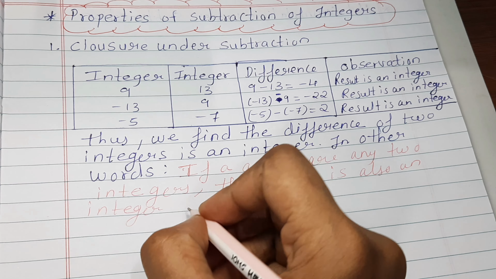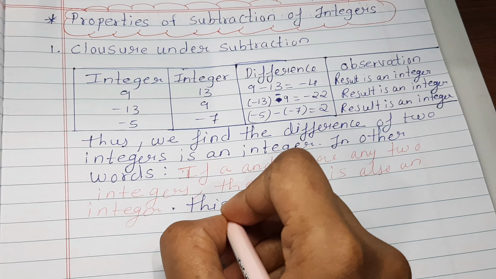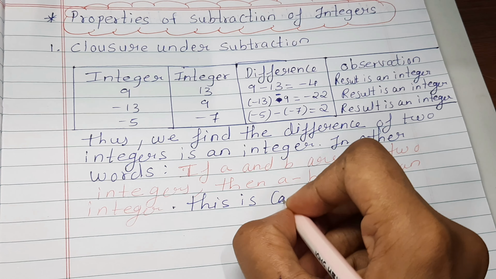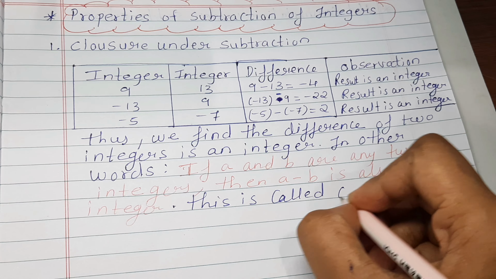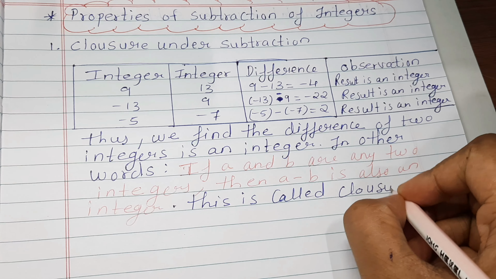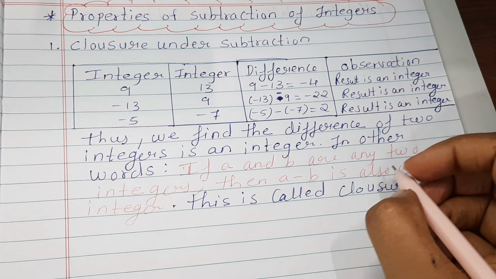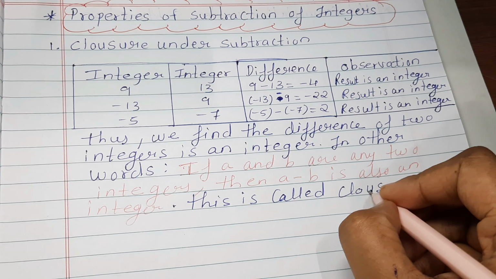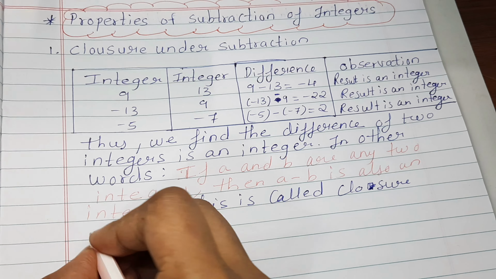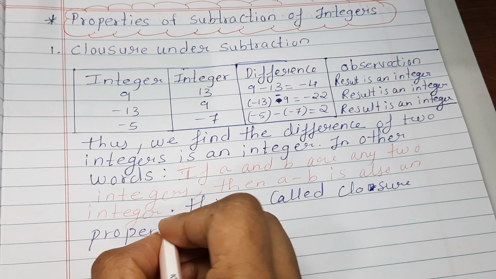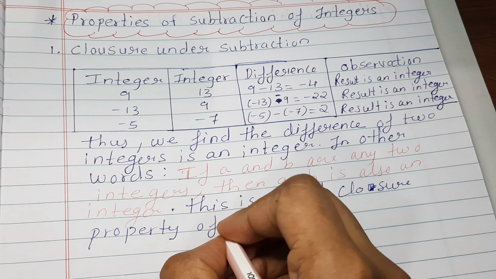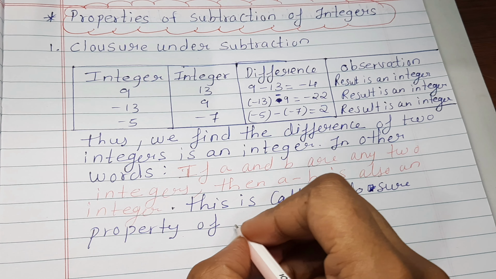This is called closure. This is the closure property of subtraction of integers.